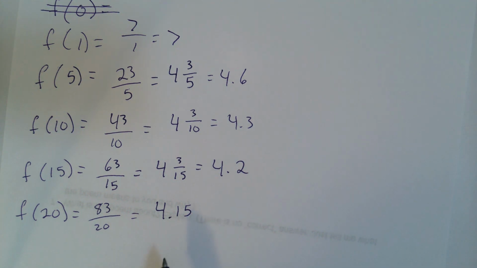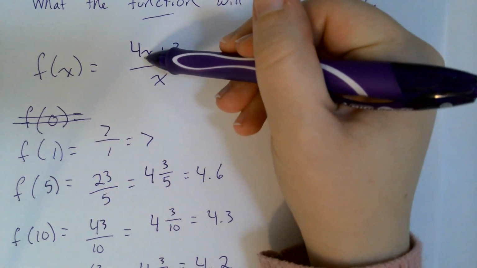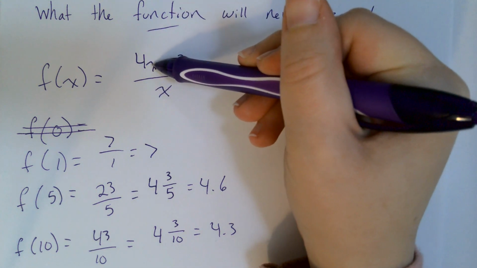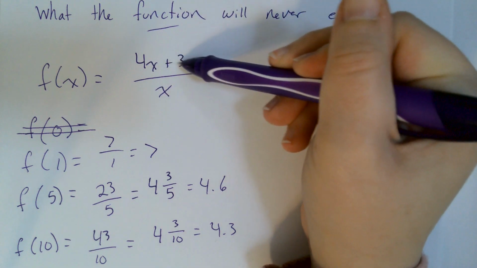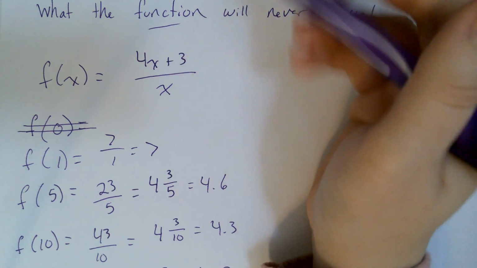But we're never actually going to be at exactly 4. And that's because we're always going to have this plus 3 here. So we have 4x over x, basically, but then we also have this plus 3 up here. So it's never going to be exactly 4.